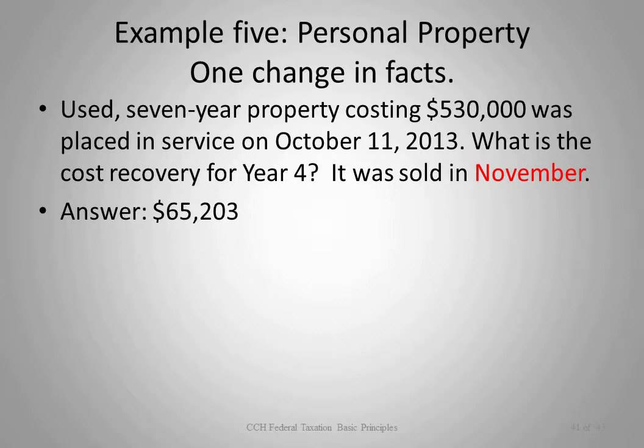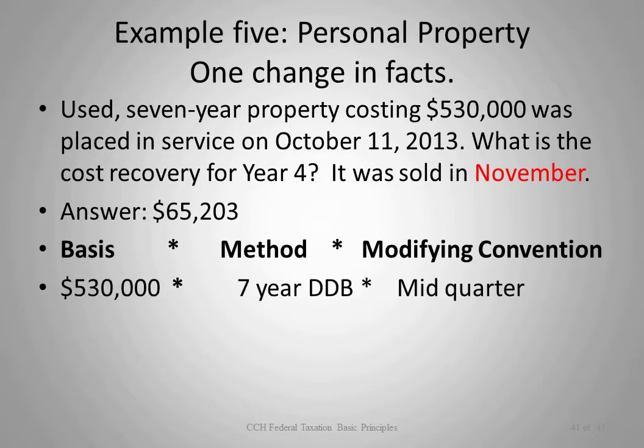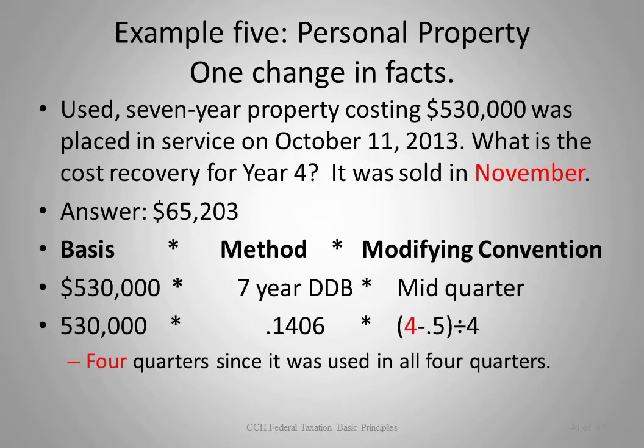We got credit for more quarters. So basis, method, modifying convention, still 530, still 1406. This time it's 4 because if we sold it any time between October 1 and December 31, we're going to get credit for 4 quarters. And then we're going to dock ourselves 0.5 because it's a half quarter convention, and then divide by 4. And that gives us the 65,203.